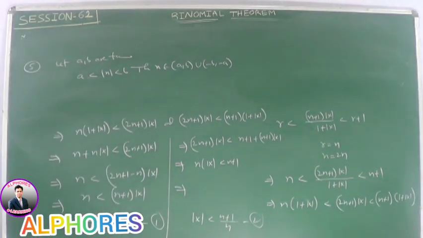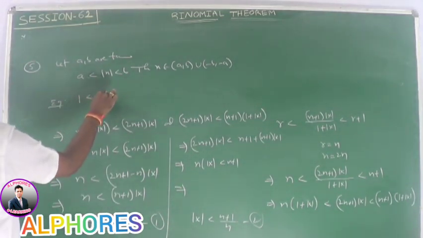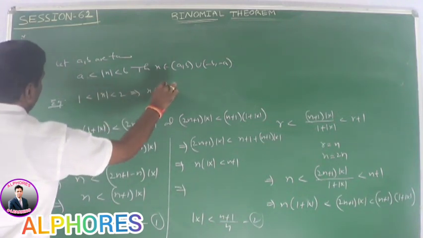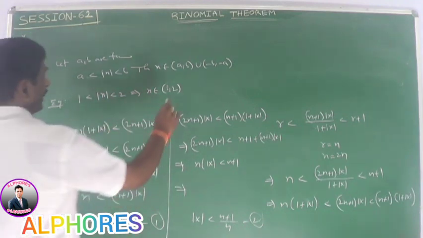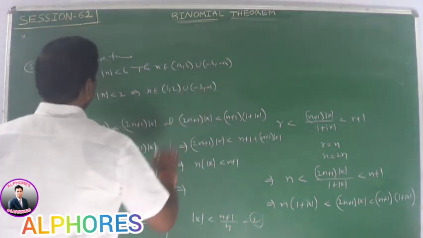Very, very important. Suppose in this way, 1 is less than mod x less than 2. What is the value of x? x belongs to 1 to 2 union. Negative values are also possible. Those values are minus 2 to minus 1.